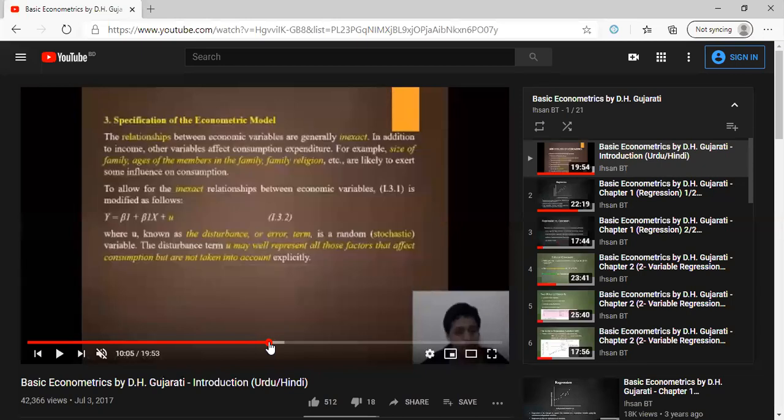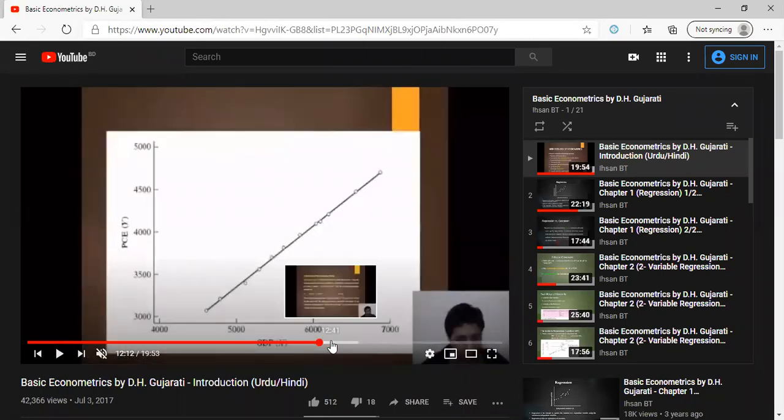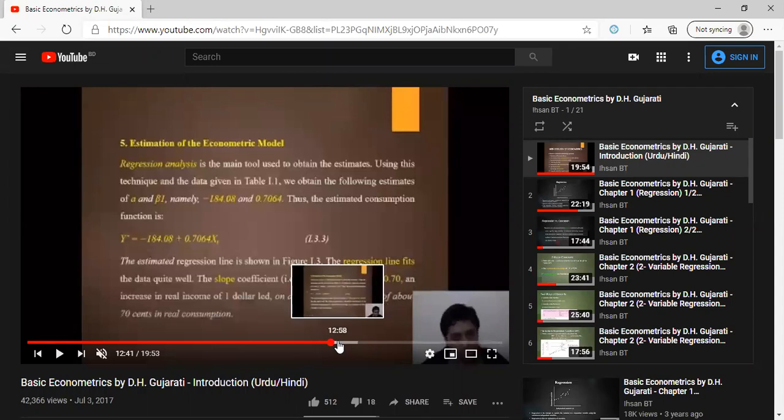Here beta 1 and beta 2 are population parameters, the population intercept and the slope, which nobody knows. What is the job of econometrics? Econometrics will try to find something close to beta 1 and beta 2. That is called estimation.